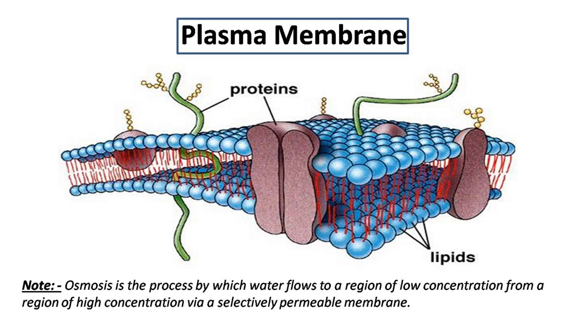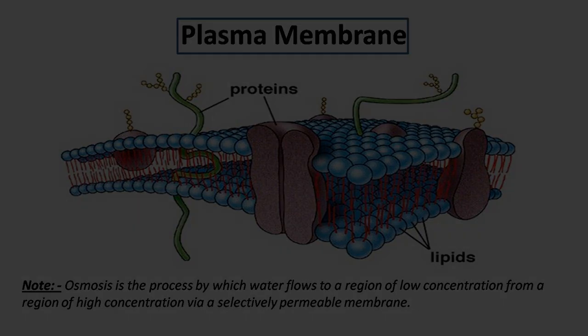One that you can see goes through and through the membrane, and the other one which is embedded on one side of the membrane. The one that goes through and through are called integral proteins, and the other one which stays either on that side of the membrane or this side of the membrane are called peripheral proteins.